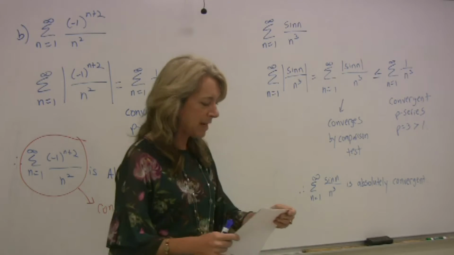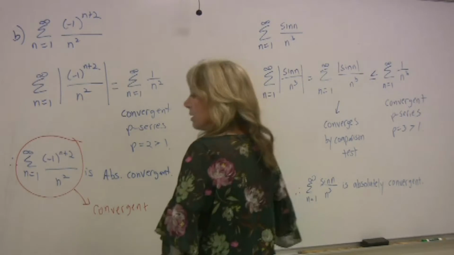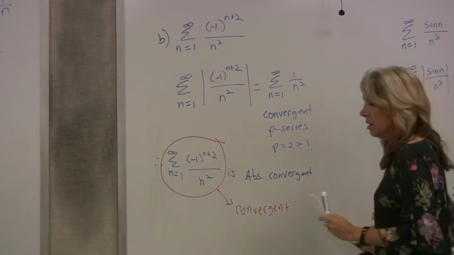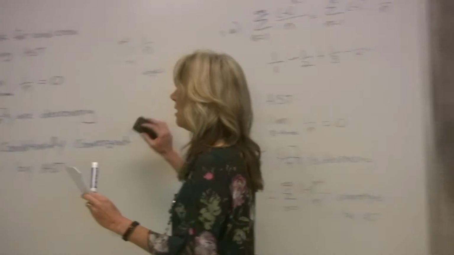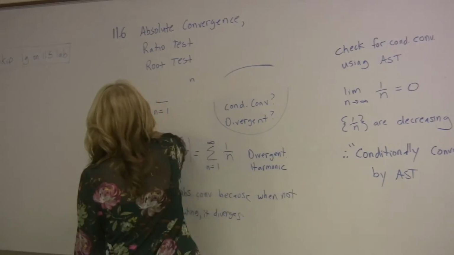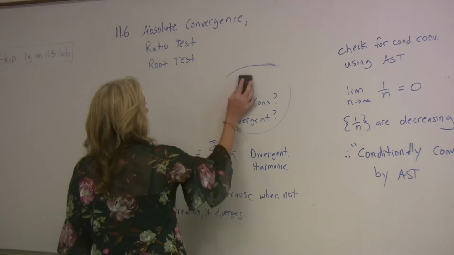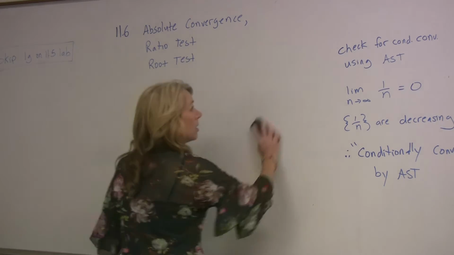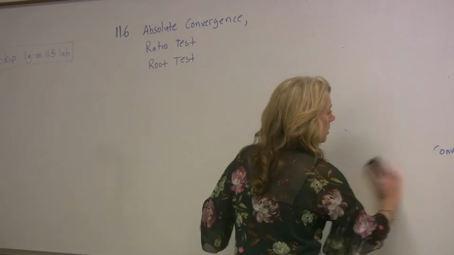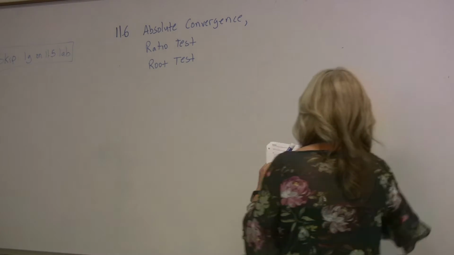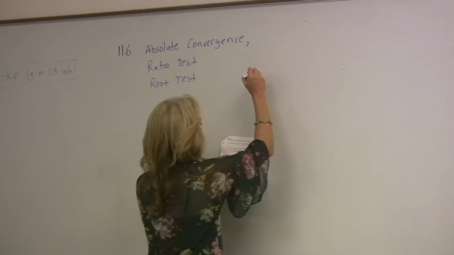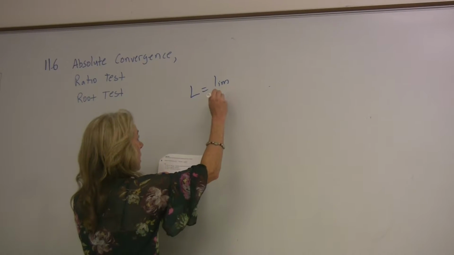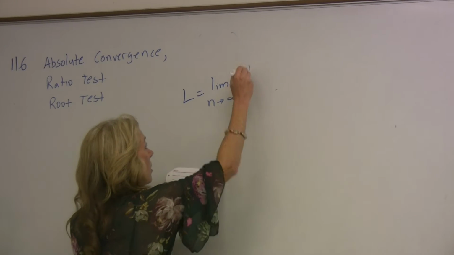So the ratio test says lots of things. First you're going to take this limit, which is defined to be this expression.